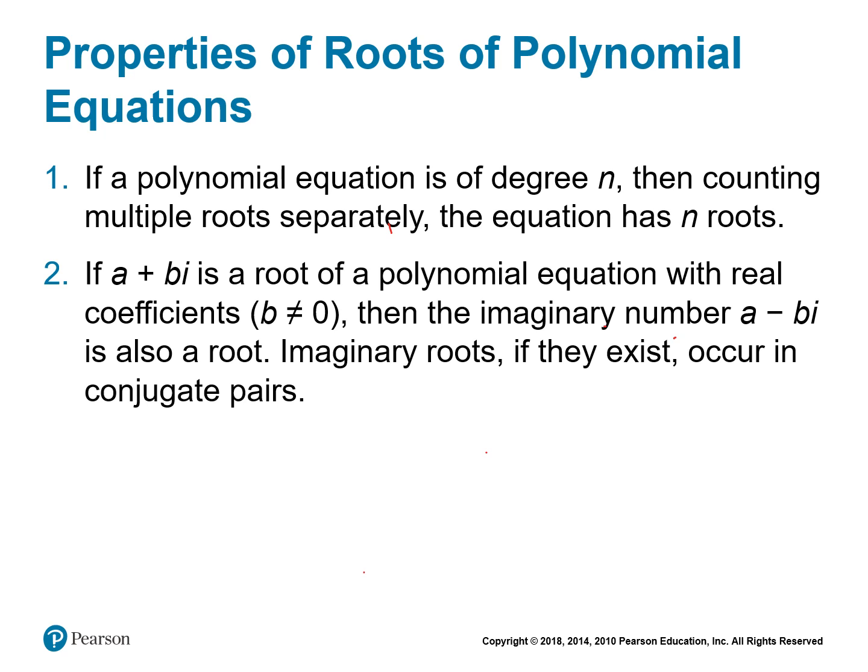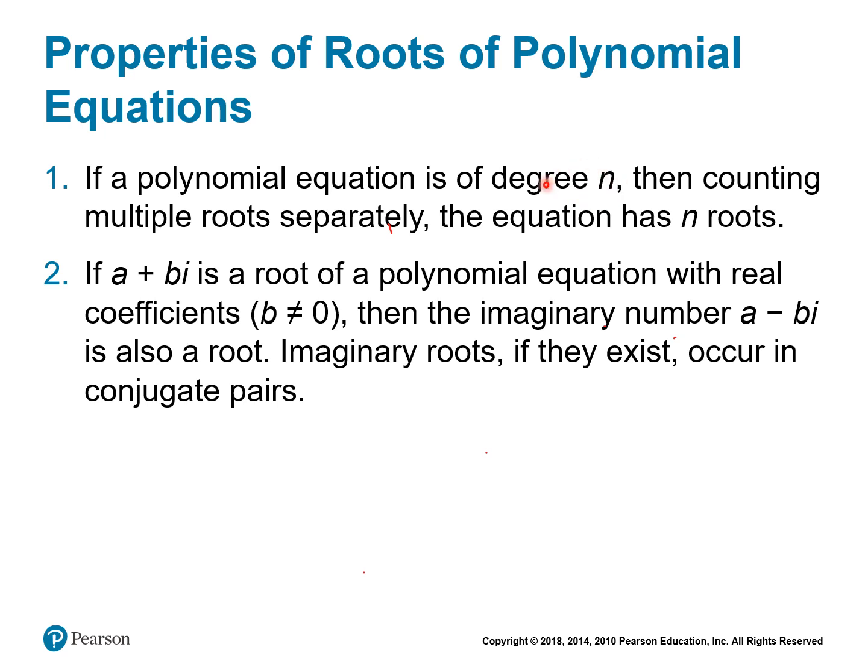We will now go through a couple of properties of the roots of a polynomial equation. Now, the first property states, if a polynomial equation is of degree n, then counting multiple roots separately, the equation has n roots. All this means in simple terms is that the number of solutions a polynomial equation is going to have will be equal to the degree of that equation.